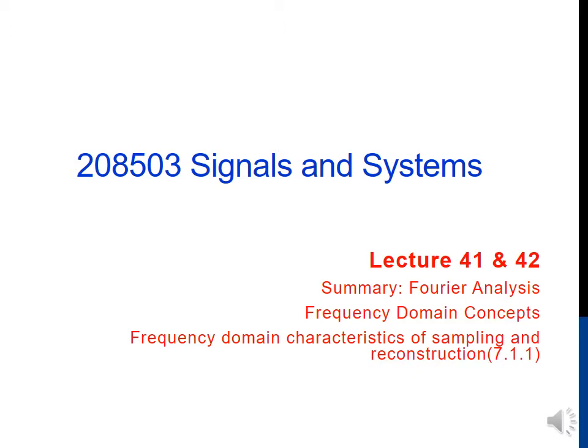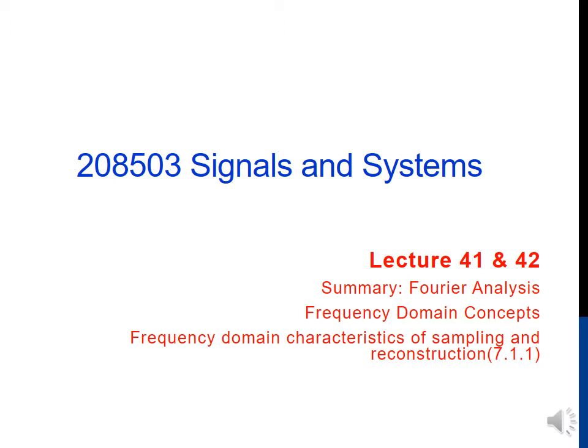You remember that sampling is a process which converts an analog signal to a discrete signal. So this analog to discrete conversion is an interface to processing of signals by digital computers.